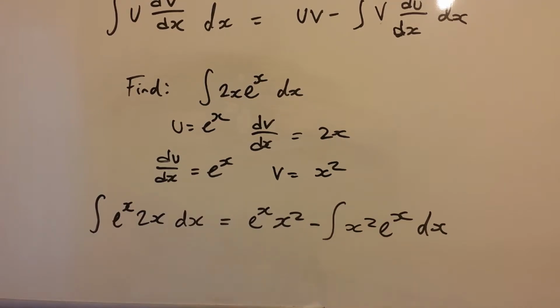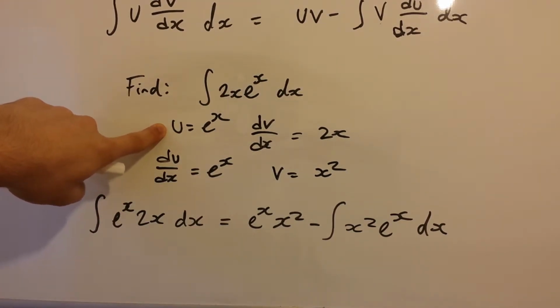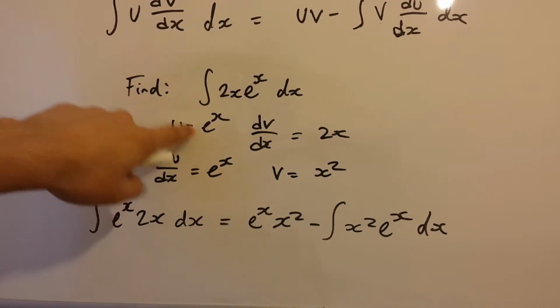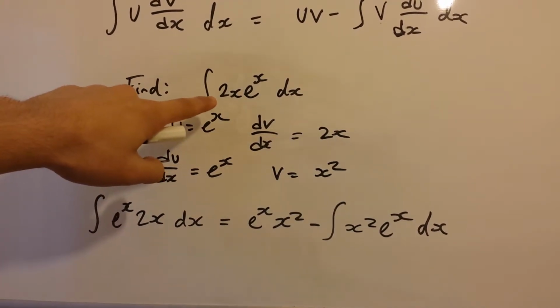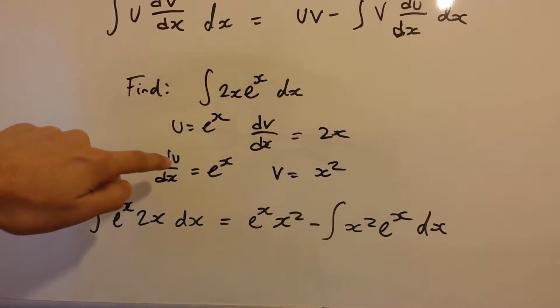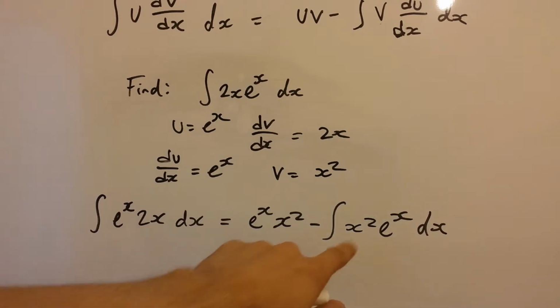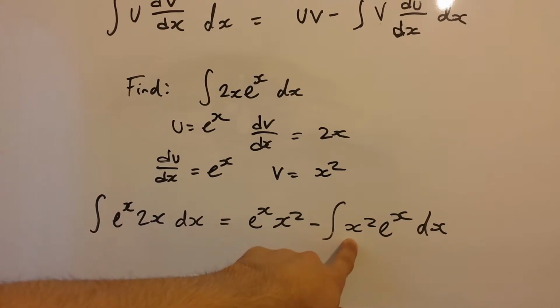But if we chose u equal to 2x, what you would find is if you differentiate that, you would get just 2. So instead of x squared, there would be 2. So it would be an easier integral.